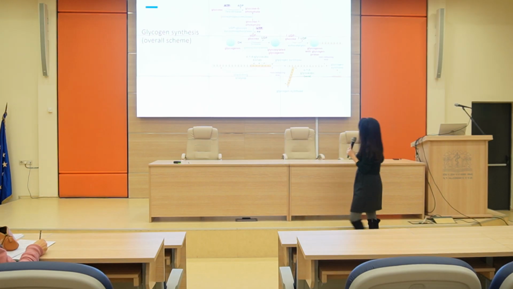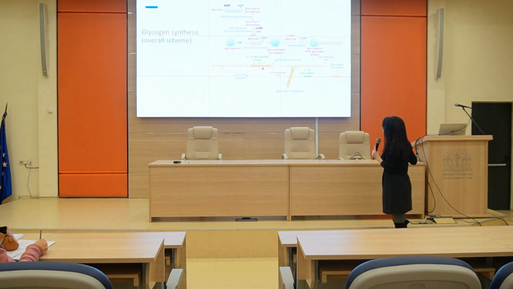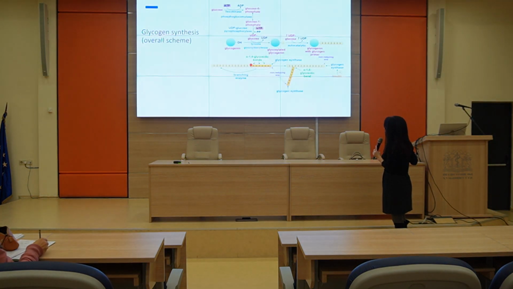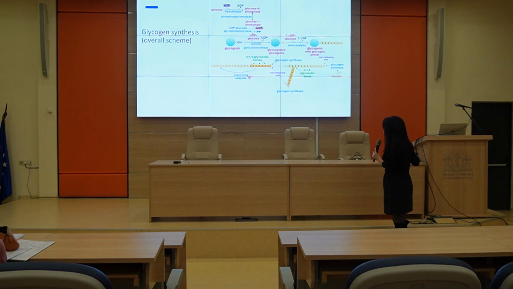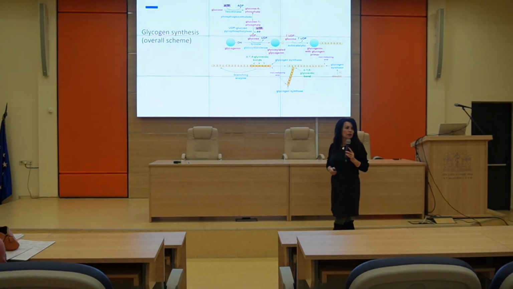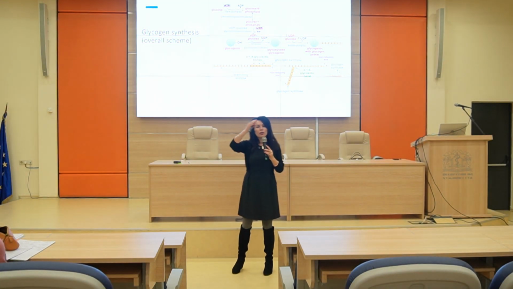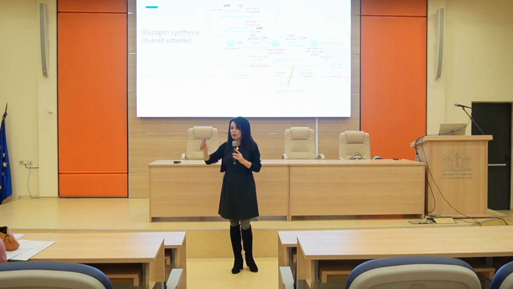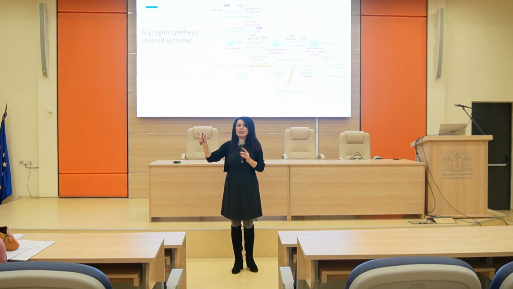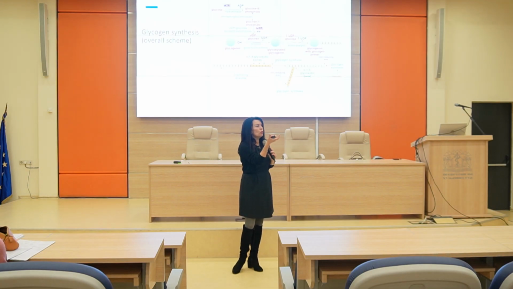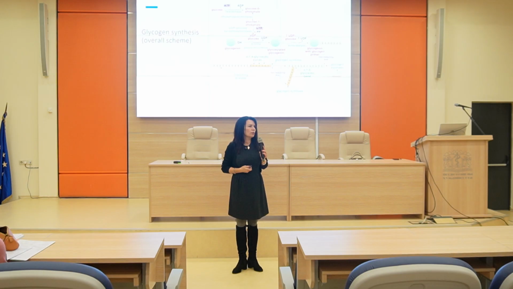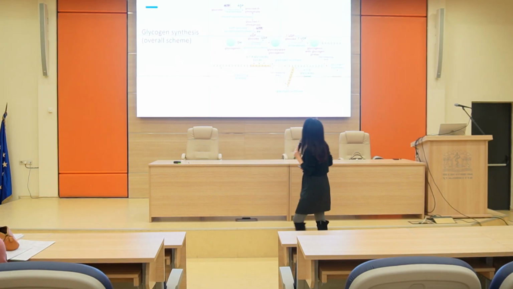This branching enzyme from non-reducing ends catches these 6-7 glucose molecules and moves them to connect them with alpha 1,6-glycosidic bonds, and now the branch is formed. That's all. After that, again, glycogen synthase adds glucose, 1, 2, 3, 4, up to 11, stops. The branching enzyme catches some 6-7 glucose molecules and moves them to form a branch. That's all, students. And this is the formation of glycogen.